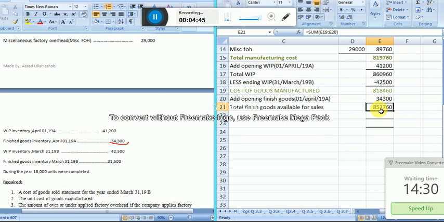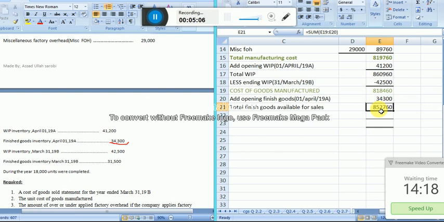But as you know, today is March 31st, 19B, and our financial year will be finished. From 1st of April, the next financial year will start.